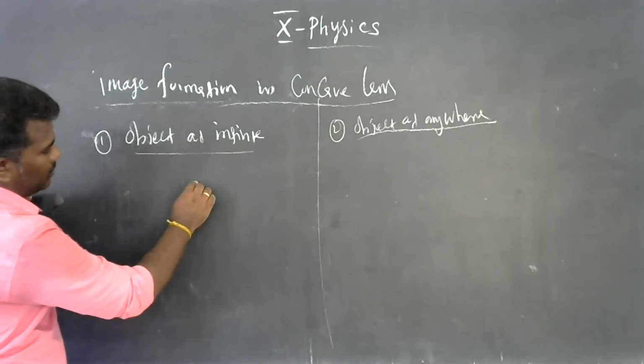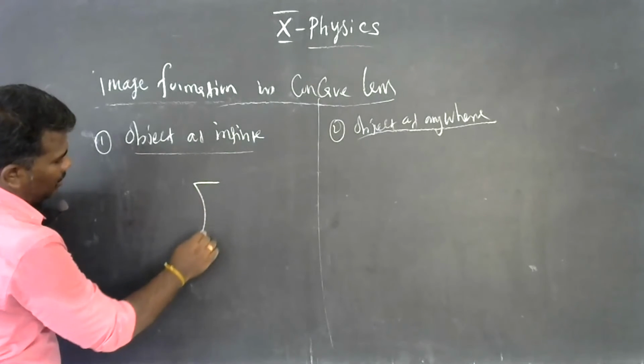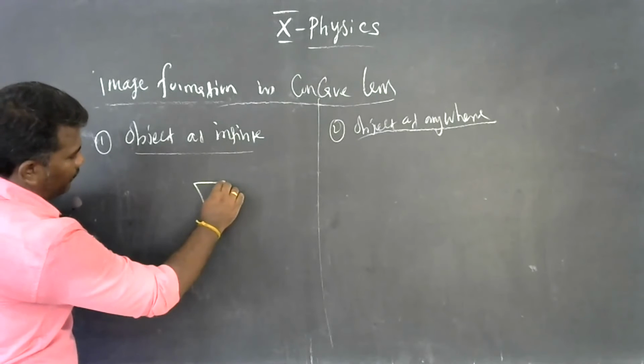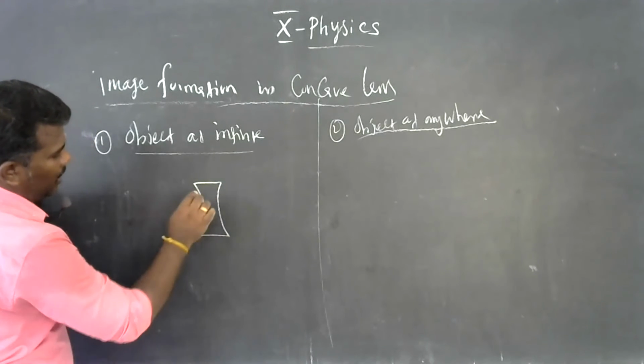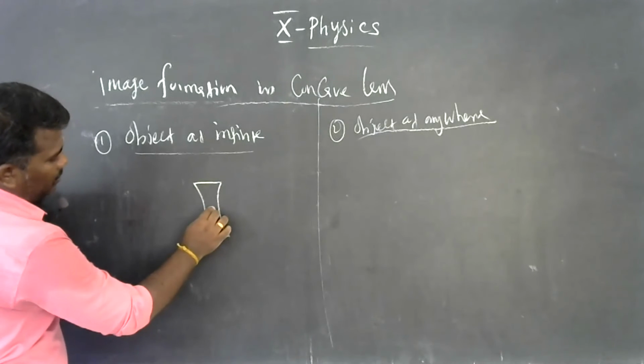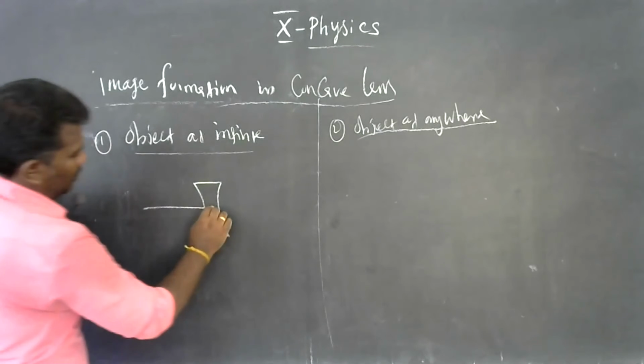Let's see. First, the object is located at infinite distance, concave lens. I hope all of you have studied the difference between convex and concave lens, because I discussed that point in the previous class.